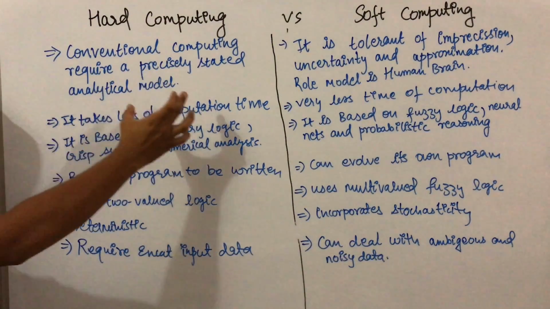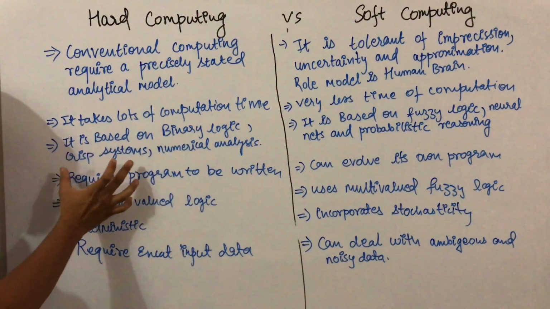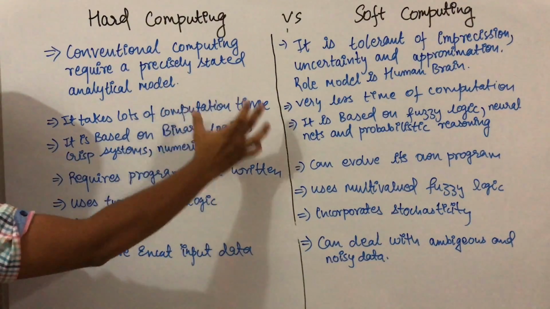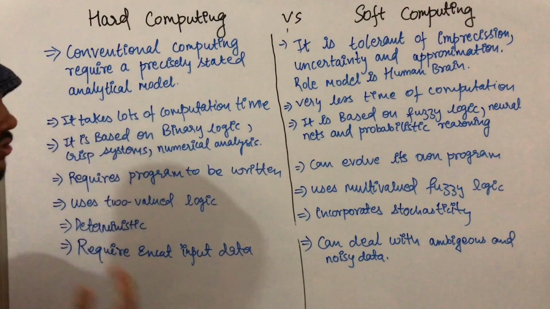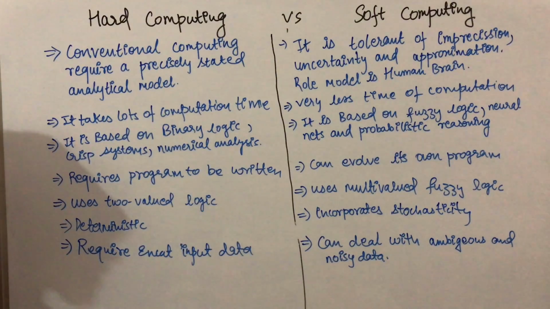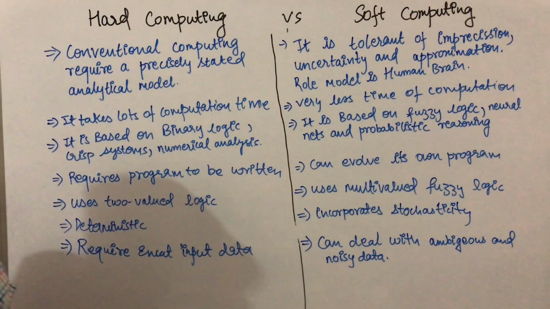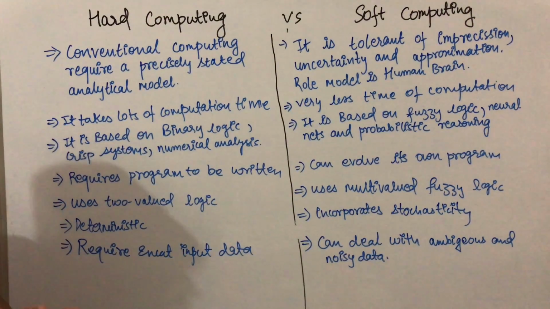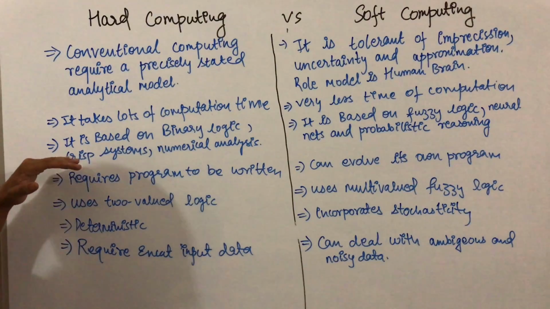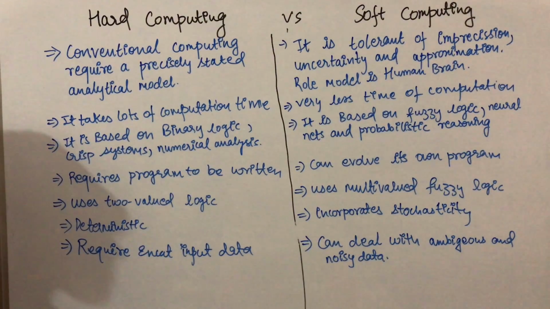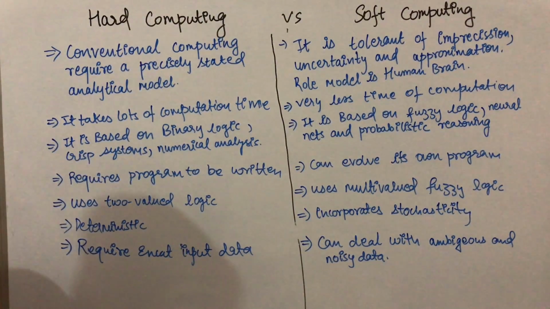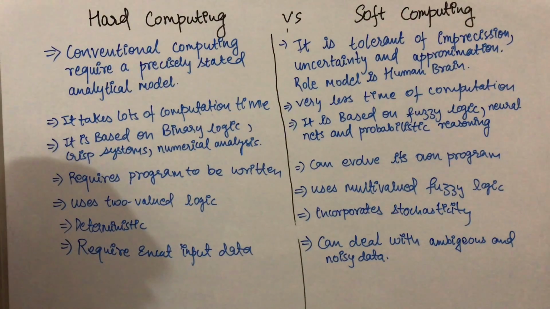Hard computing is based on binary logic, crisp systems and numerical analysis. Binary logic, that is 0 and 1, either true or false, whether a given statement is true or false. Crisp system is our fundamental logics like negation, the contradiction method or De Morgan's law.